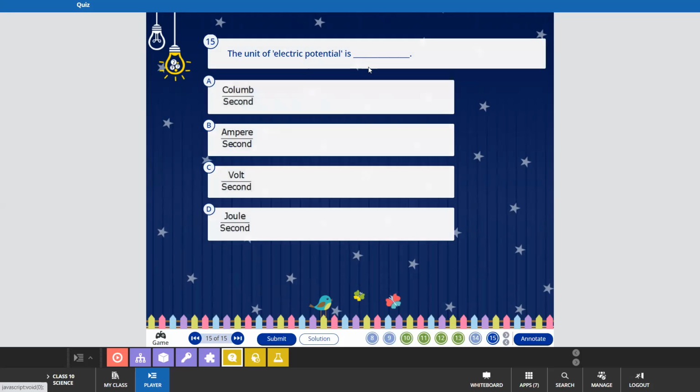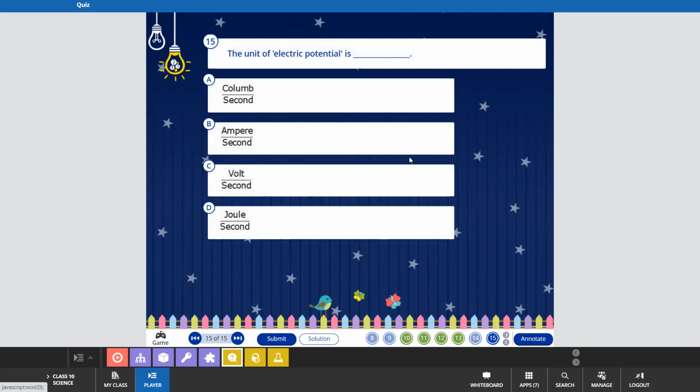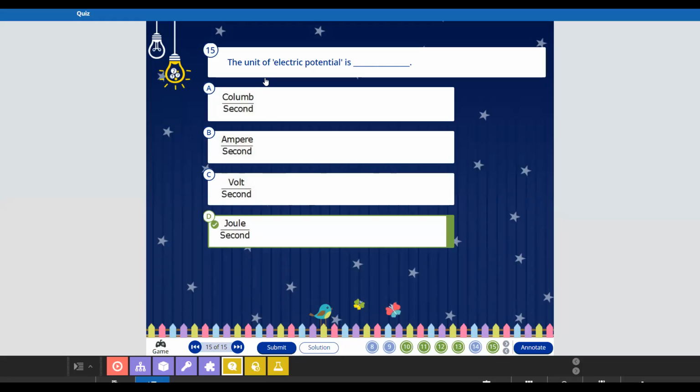The electric potential power is wrong. Joule by coulomb. Second is there. Options are not there.